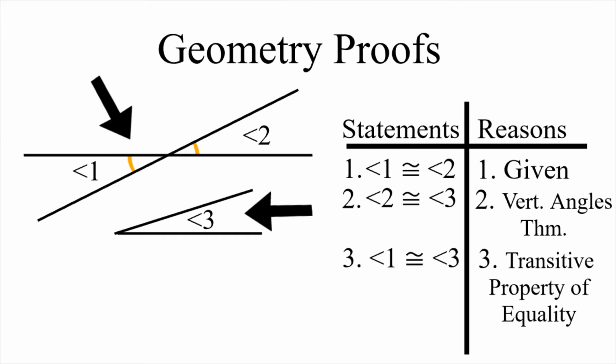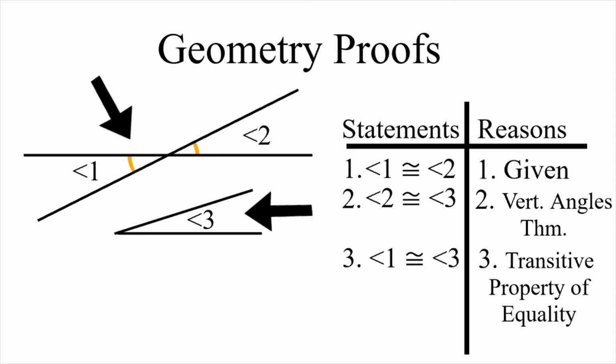With triangles, you may be using SAS and ASA and all those postulates, even HL, all of those. But when you get into circles or parallelograms, you would have different types of theorems that you would use in that category. This was just a pair of intersecting lines.